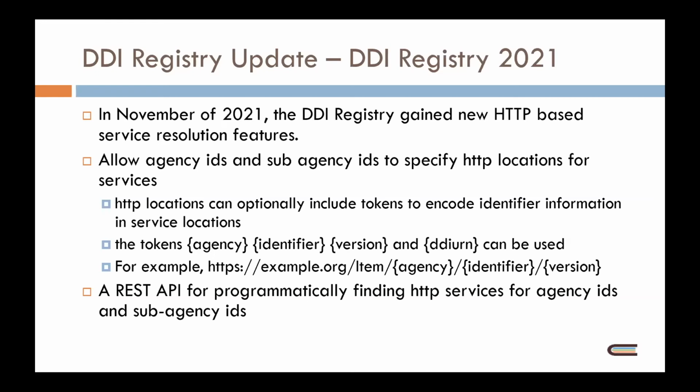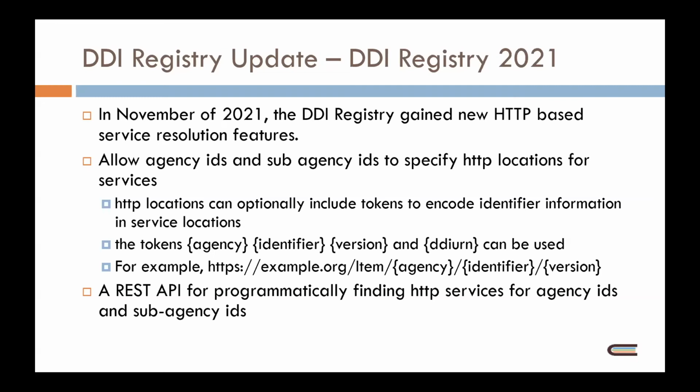Before, you would have had to know what service was provided and how that service expected to receive the requests for information about a DDI identifier or URN. With the HTTP resolution, the agencies can specify that in the DDI registry.